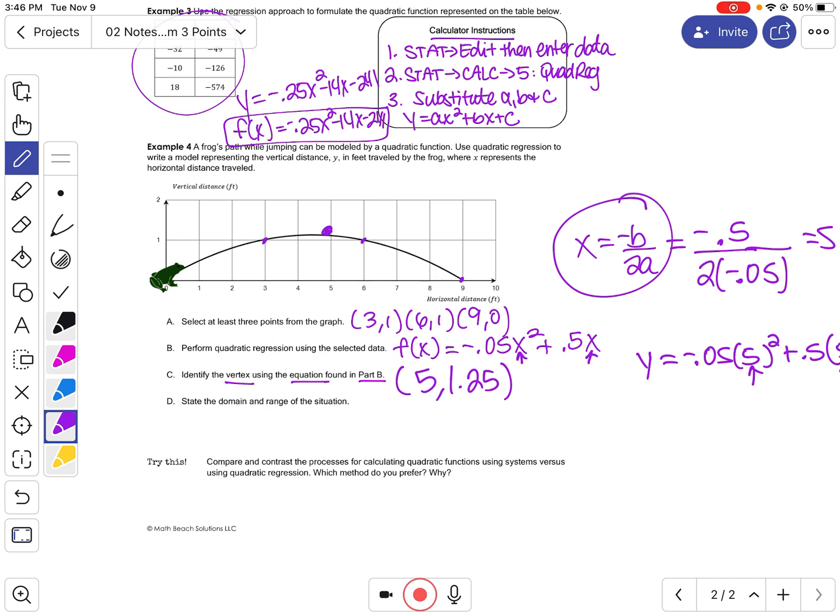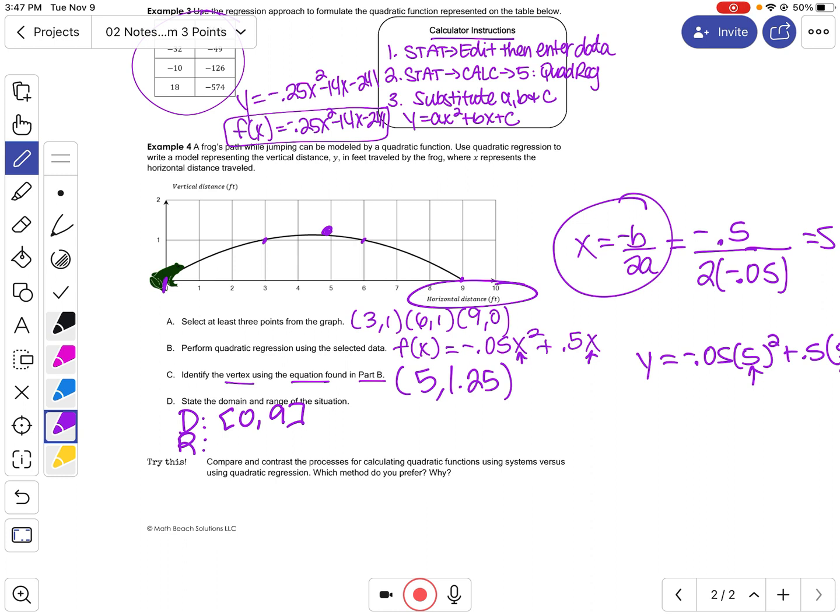State the domain and range of the situation. It's been a while since we talked about those two. Domain is all of the x values. So notice this is our x-axis. We're going from 0 all the way to 9. So 0 to 9, it includes both, or you can use inequalities.